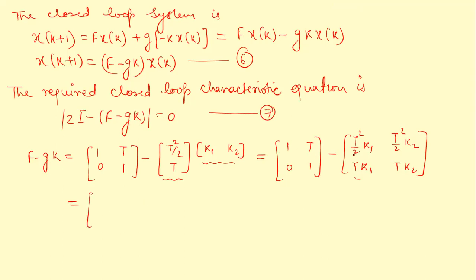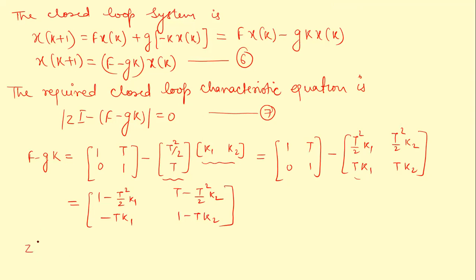So we have 1 minus T squared by 2 K1, T minus T squared by 2 K2, 0 minus T K1, and 1 minus T K2. So this is the F minus GK matrix.